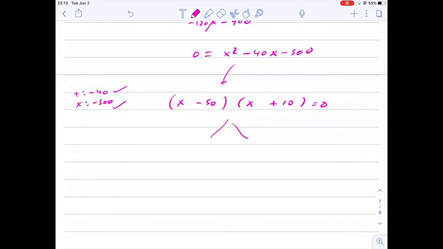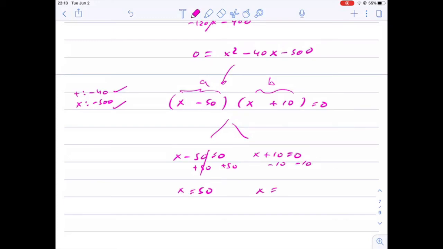Remember this is A, this is B, so we can apply the zero factor property. x minus 50 equals 0 or x plus 10 equals 0, and then we add 50 to both sides. Here we add negative 10, so we get x equals 50, x equals negative 10.